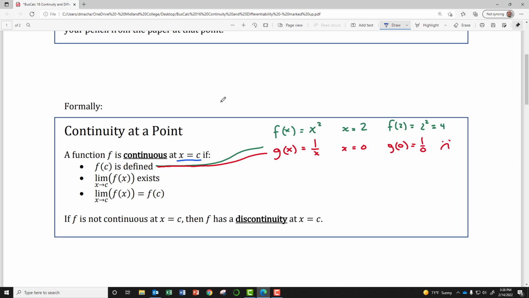My second requirement is that the two-sided limit as x approaches c exists for my function f. And my last requirement is that the two-sided limit has to be equal to the function evaluated at c. If f is not continuous at x equals c, then we say that f has a discontinuity at that point.